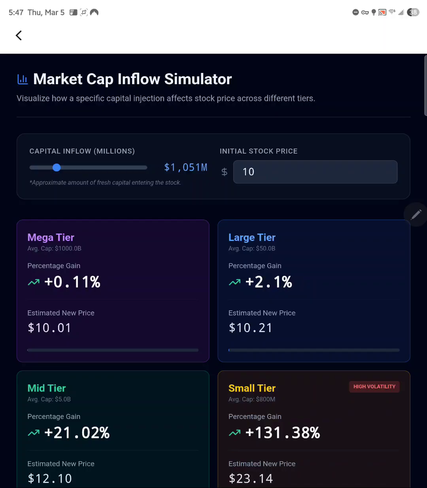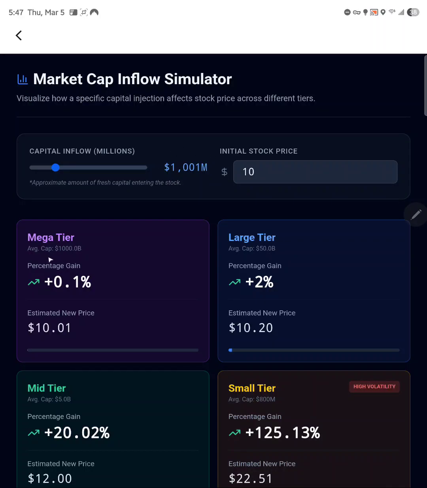I wish I could just put the number pinpoint. There you go. So let's say I'm putting $1 billion, which is 1,000 million. Let's say the starting price of the stock was $10. And let's say each level of company gets $1 billion of inflow.